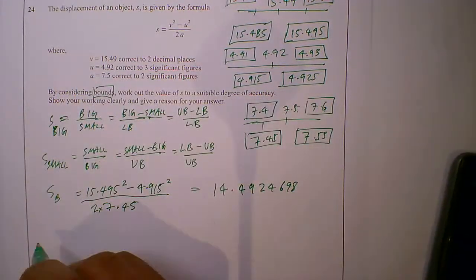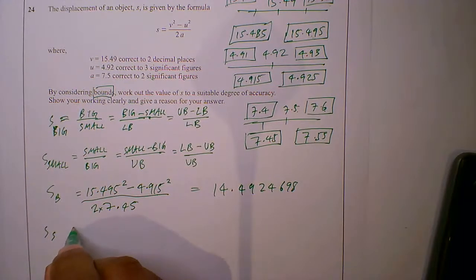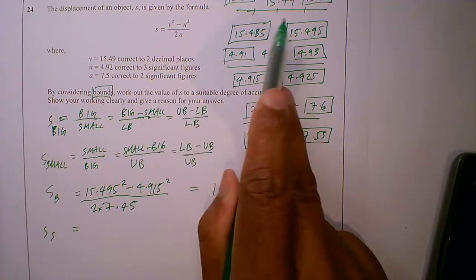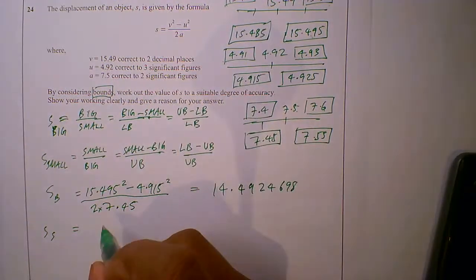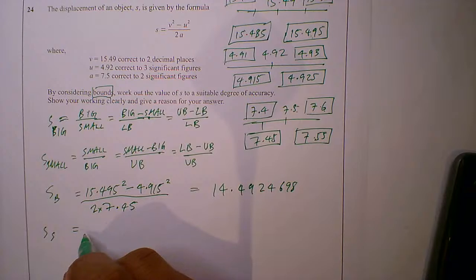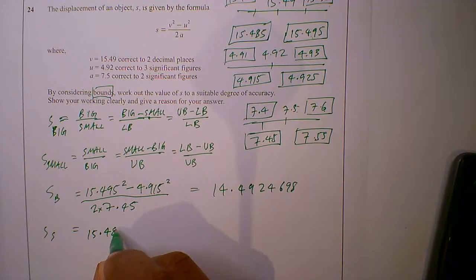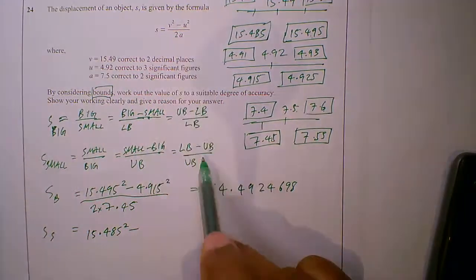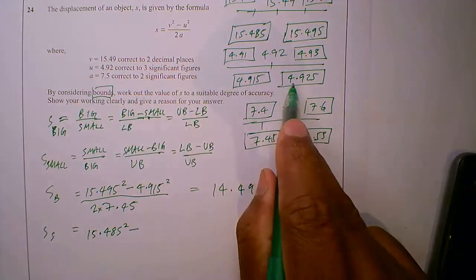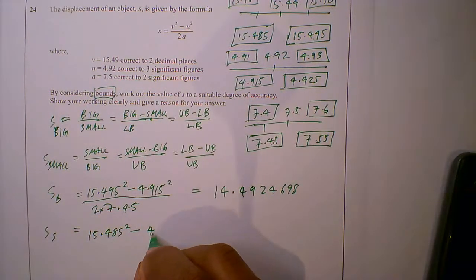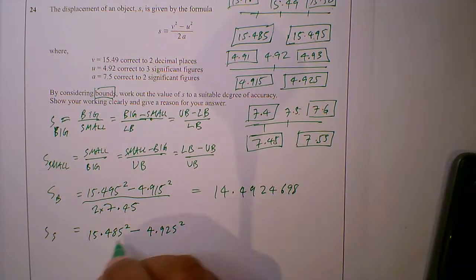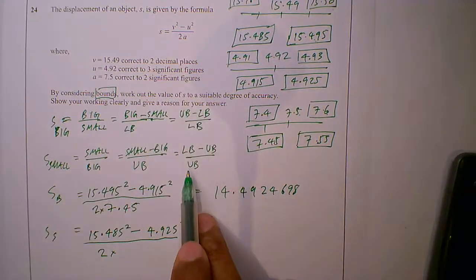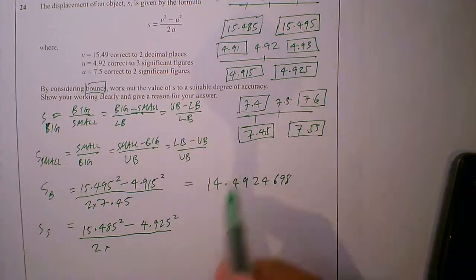Let's do my second one now. So for the small one, I need my lower bound for V. So V's lower bound is 15.485. 15.485 squared minus U's upper bound. So U is 4.925, 4.925 squared all over 2 times A's upper bound, which is 7.55.